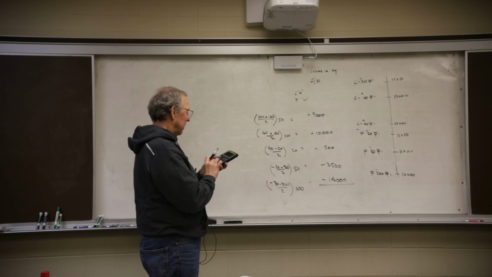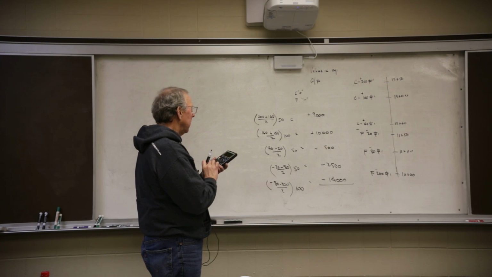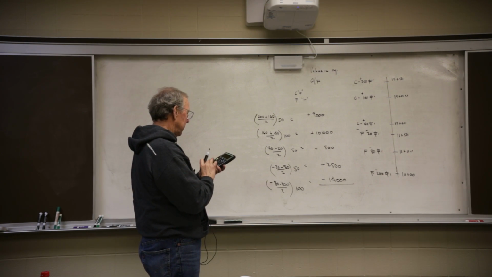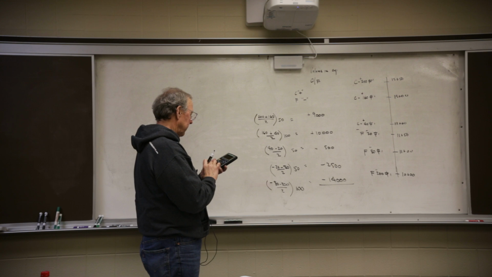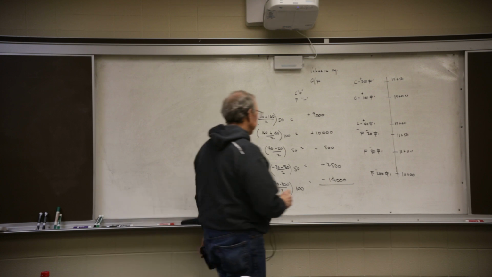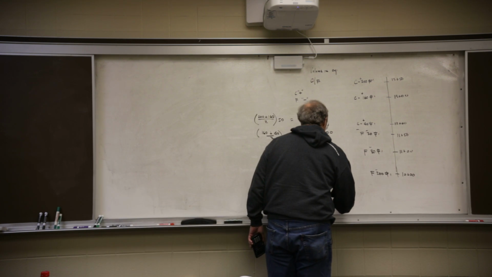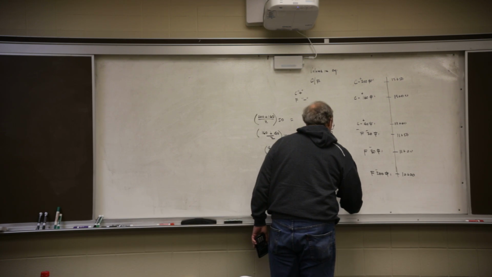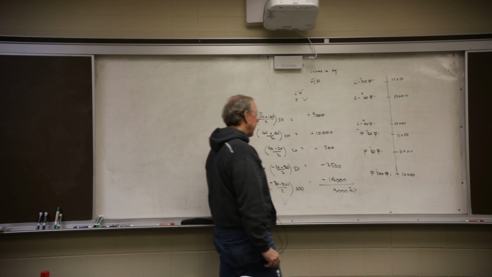9,000 plus 10,000 plus 500 minus 2,500 minus 14,000. That gives 3,000 cubic feet.